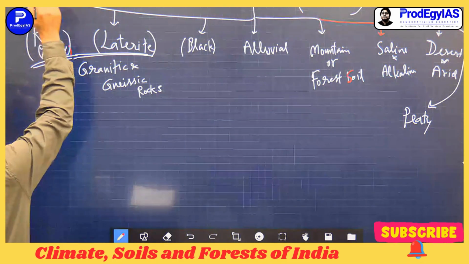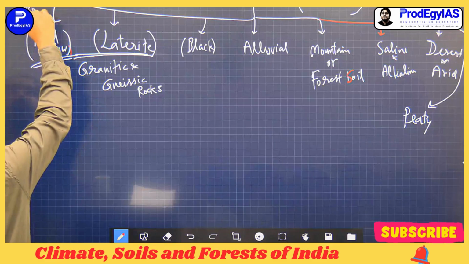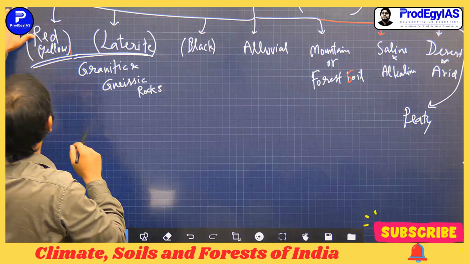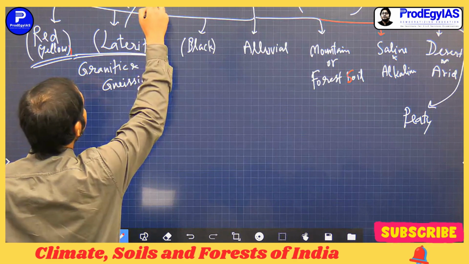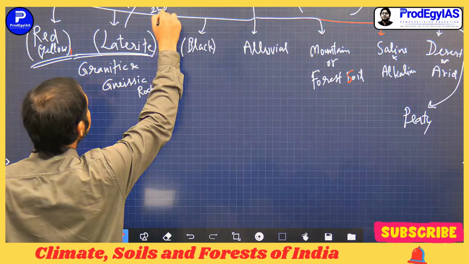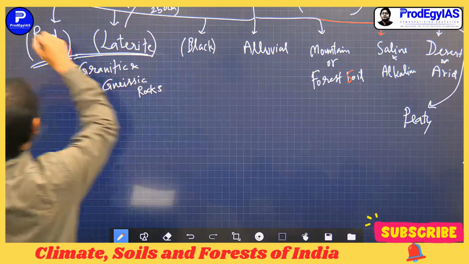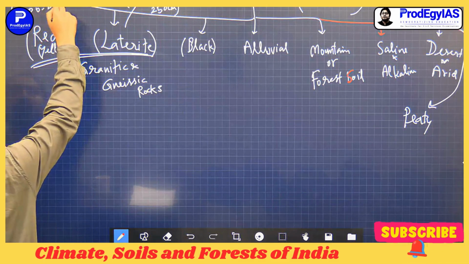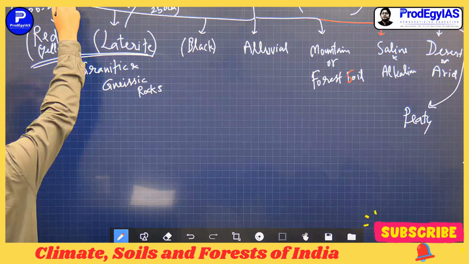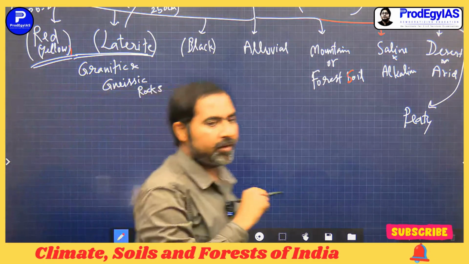This will be found in high rainfall areas above 250 centimeter. Wherever the rainfall is around 200 to 250 centimeter, this type of red soil will develop.